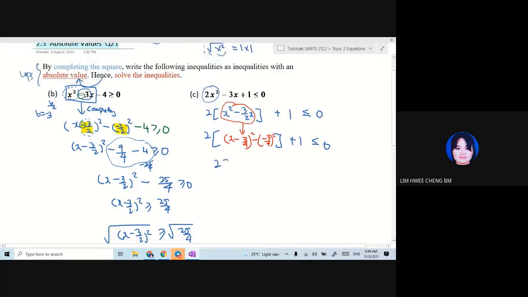Okay, so then you expand. X minus 3 over 4 square, so minus 3 is 9, 16 plus 1 less or equal than 0. So you have x minus 3 over 4 square, 8 plus 1 less or equal than 0.